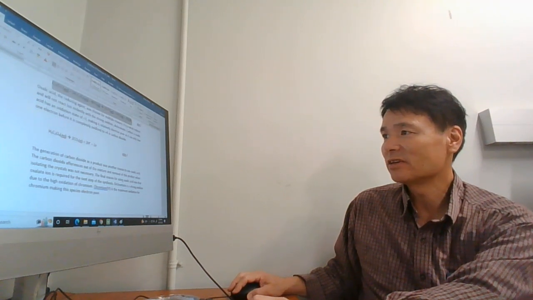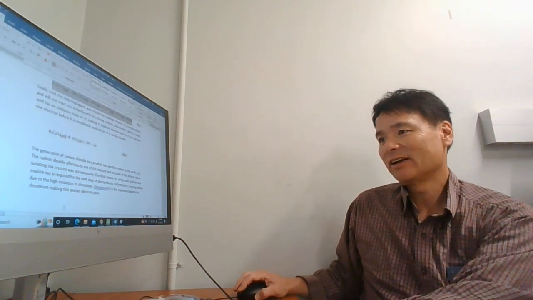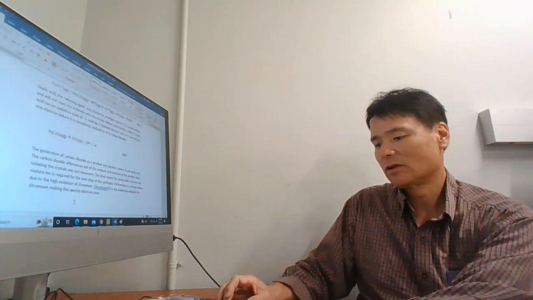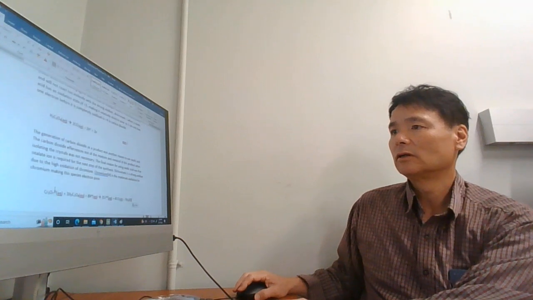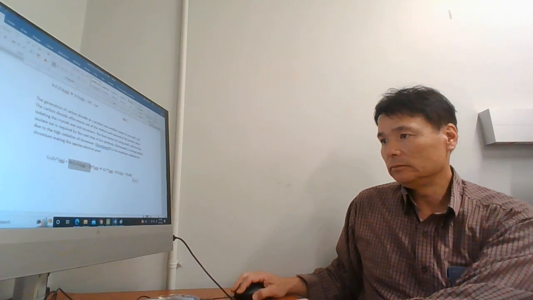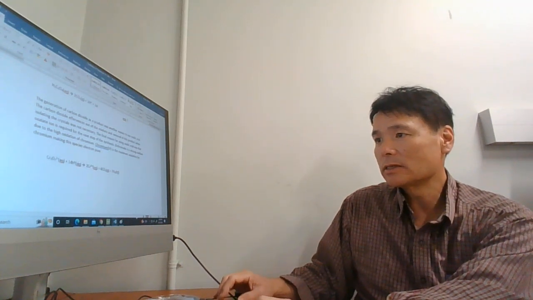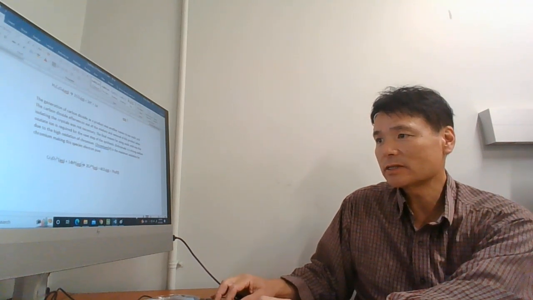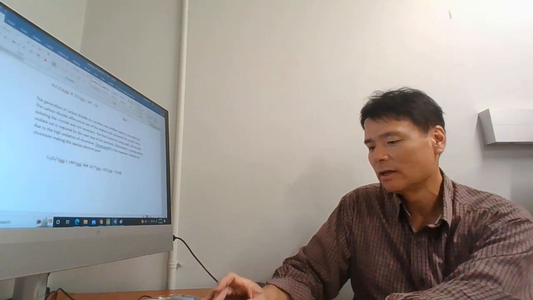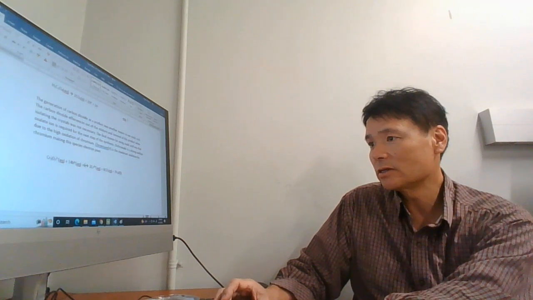I'm just going to copy this so I don't have to rewrite everything. So we're going to go with dichromate plus 14H plus, okay, if I have two chromium 6s and I need to form two chromium 3s, I need 6 electrons for that. So I'll have plus 6 electrons.